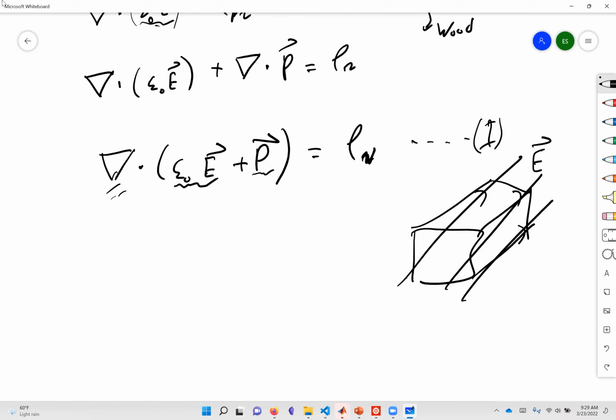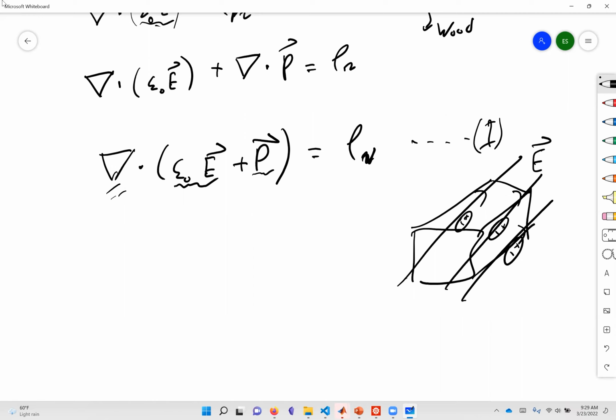It could depend on the strength of the electric field and the direction. The simplest way to write it down is saying that the dipoles in the material are going to orient themselves, assume they can move, in the same direction as the electric field. And their strength is going to depend on how much they stretch. It's going to depend also on the strength of the electric field.